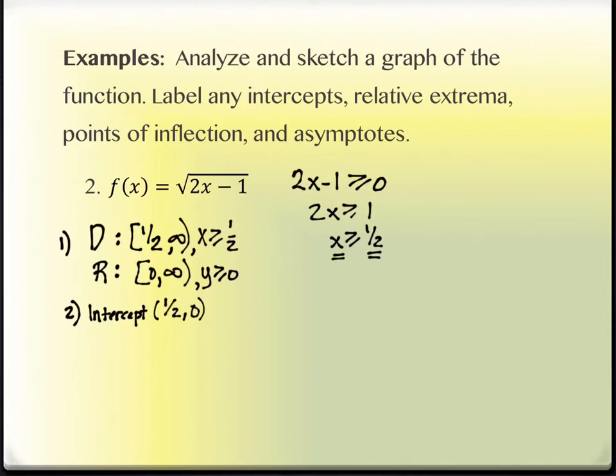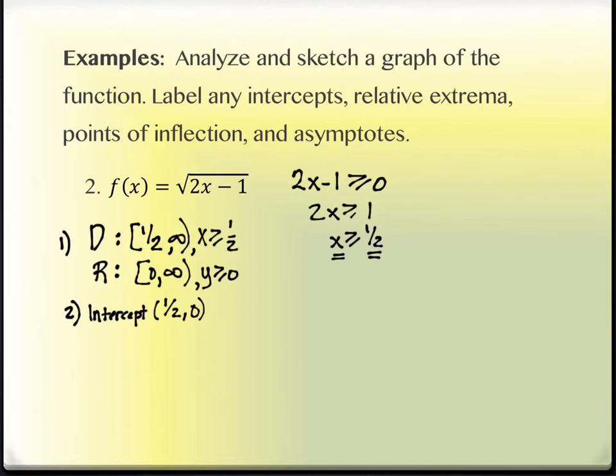What if I try to let x equal 0? This is audience participation time. What if x is 0? I would get an imaginary output, right? I'd have a negative underneath the radical. I'm not inside my domain. All those things fall apart.